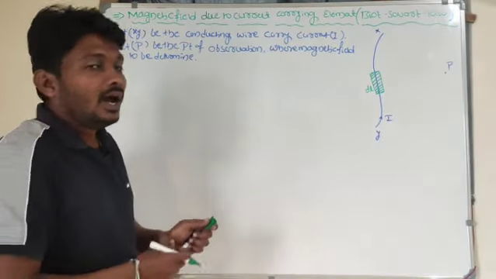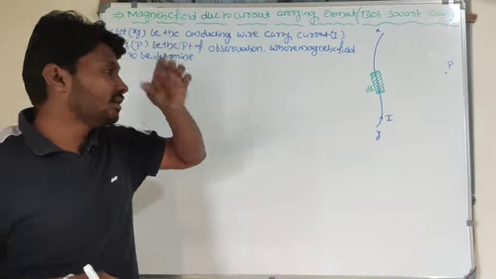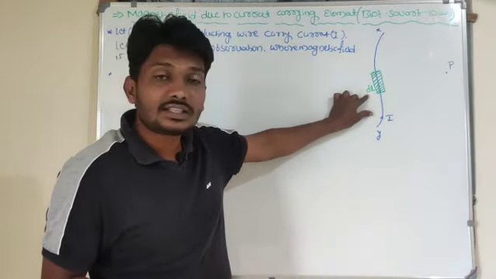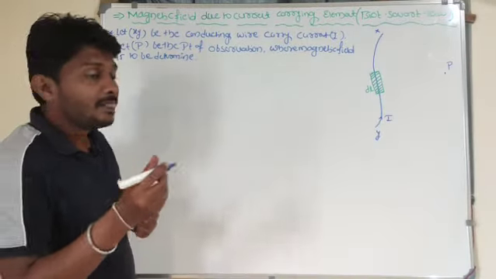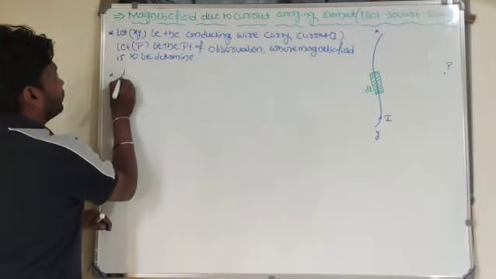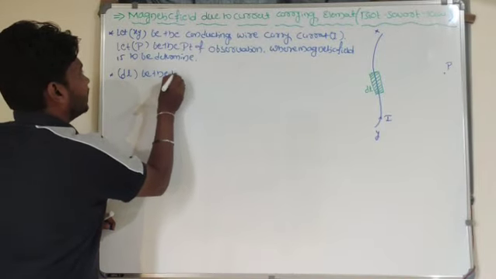Did you get my point? I will choose that small length element in the conducting wire, and I will take it as dL here. Now dL is the length element.